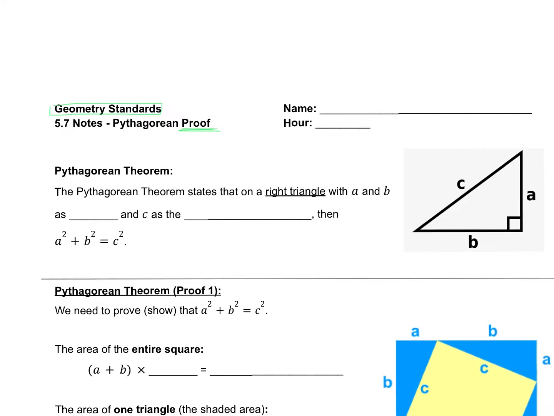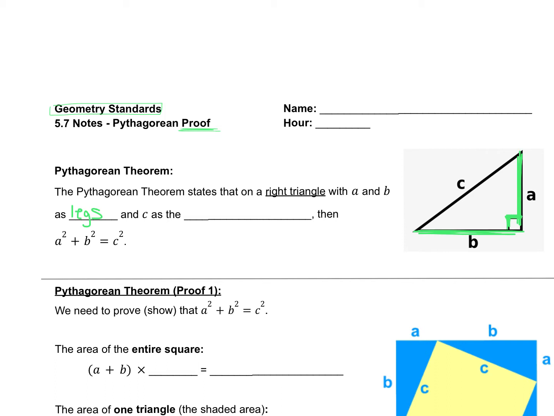Okay, and remember, a Pythagorean Theorem is when we have a right triangle. We know it's right because it has one of those little squares in the corner, or it tells us it's a right triangle, or it has 90 degrees in the corner. The Pythagorean theorem states that on a right triangle with A and B as legs, that just means that one side length is going to be an A length and the other side length is going to be a B side length.